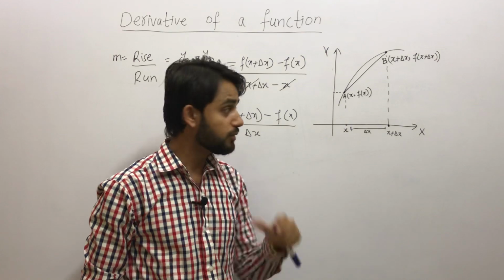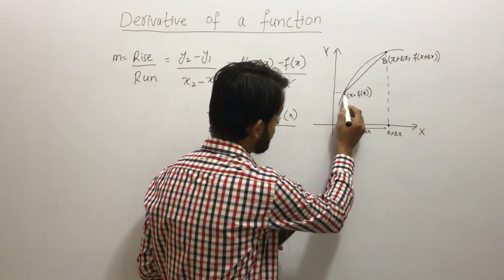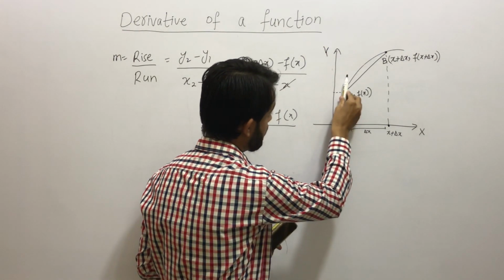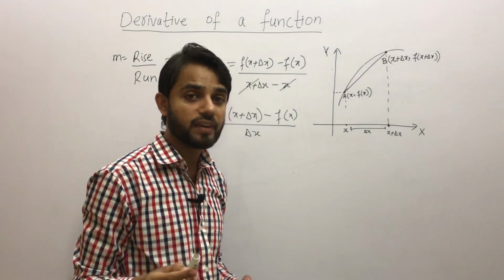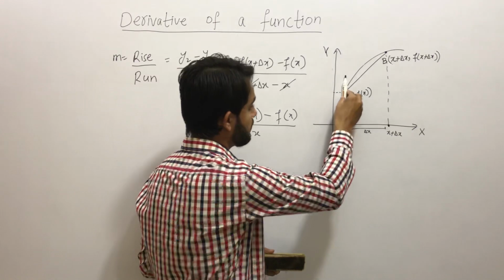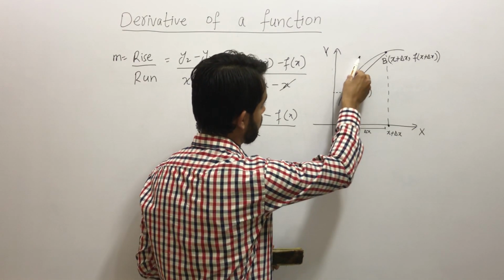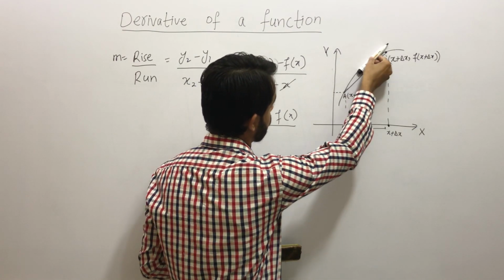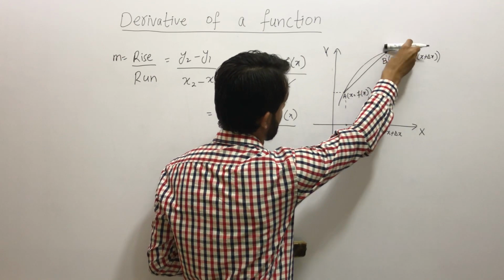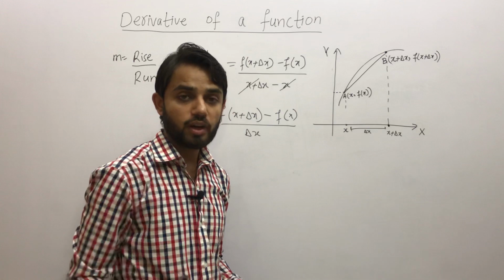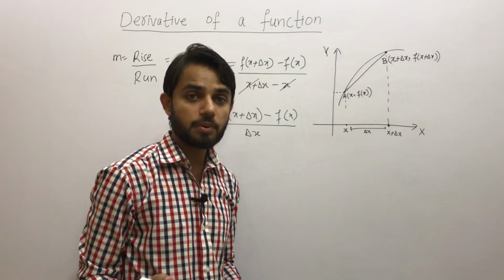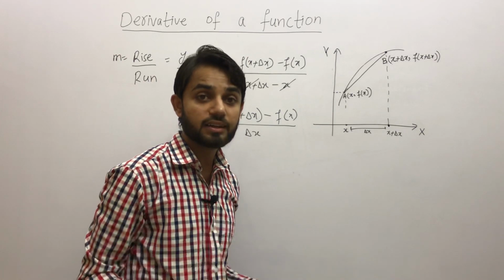Now at every instant the slope is tangent to the point A, a tangent which cuts the graph at one point. It will be over here, over here, over here. Once you move further, it might be going down. So at different points the slope is actually different. That's how we are getting a curve.